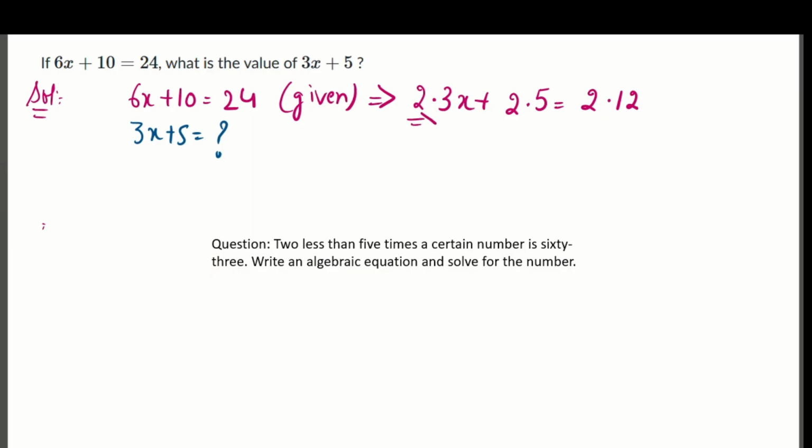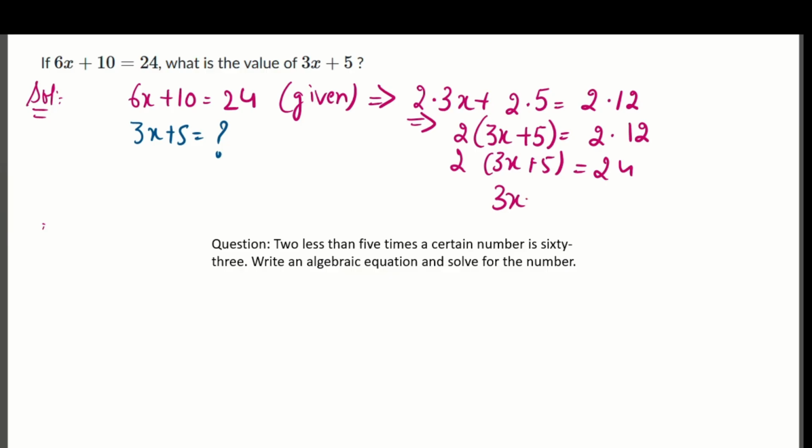We can keep 2 outside the bracket, and 2 times 3x plus 5 is equal to 24.